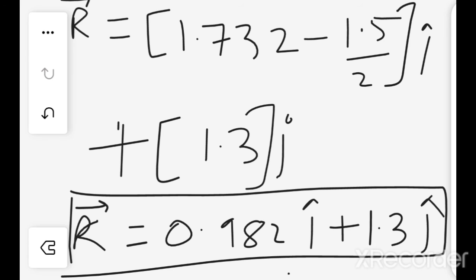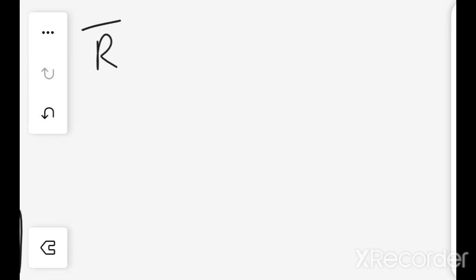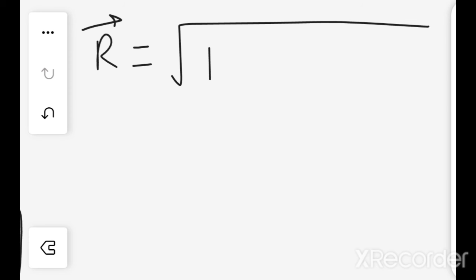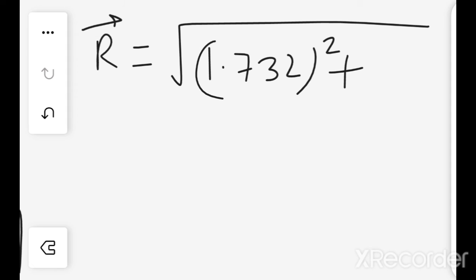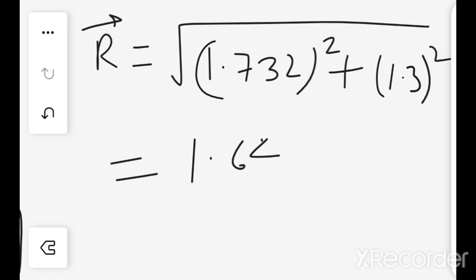Okay, now let us calculate the further values. So the magnitude of the resultant vector will be the square root of the x component squared. So the x component is 1.732, so the square of it plus the y component squared, 1.32 squared. Okay, and if you solve this, you will get the value as 1.64 meters. Okay, so this would be the magnitude of the resultant vector. And what would be the x component?